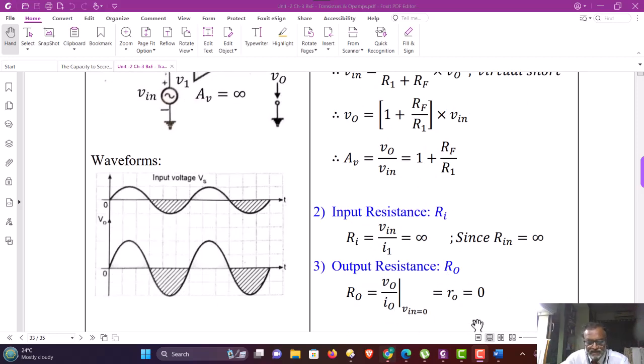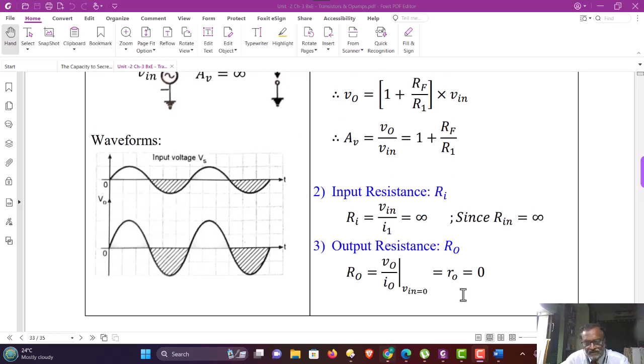The output resistance, as usual, RO is defined as VO by IO when Vin is equal to 0. From the equivalent circuit, when Vin is equal to 0, the output circuit of the op-amp effectively reduces to the output resistance RO shown in the equivalent circuit. And that is, for the ideal operational amplifier, approaching 0.